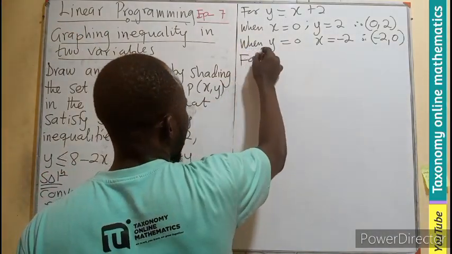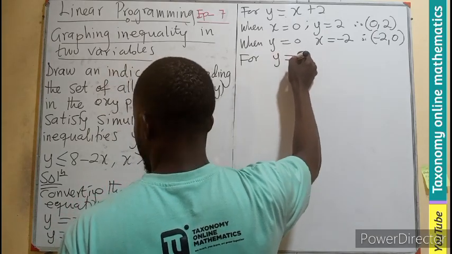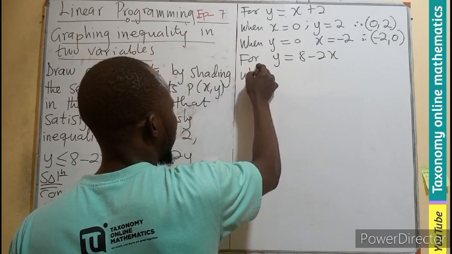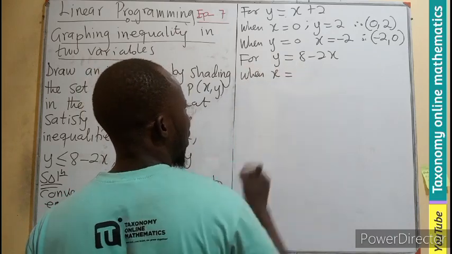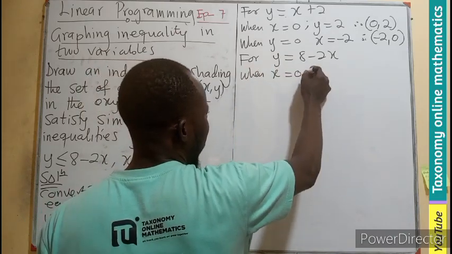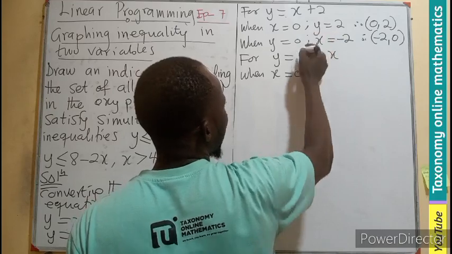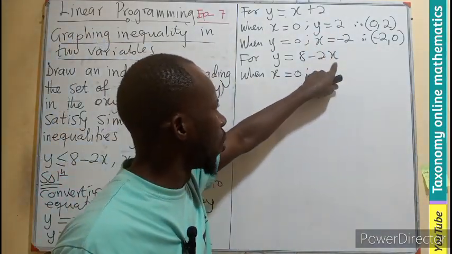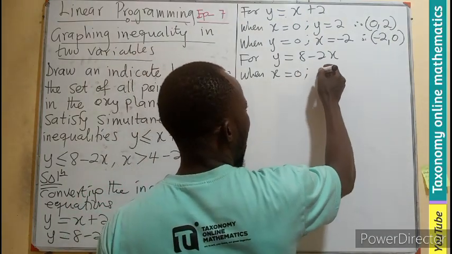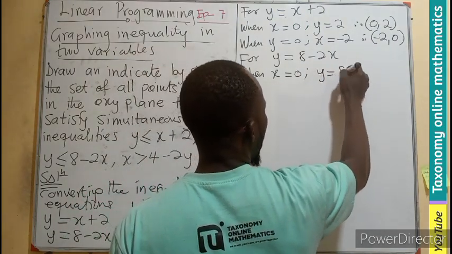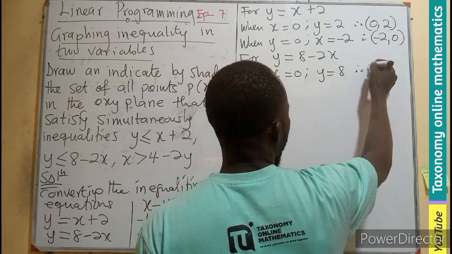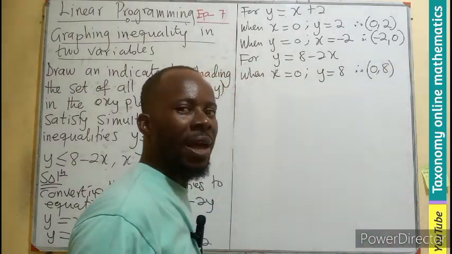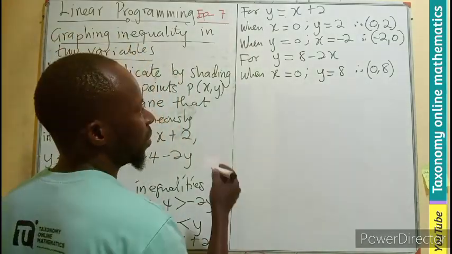For the second equation, y equals 8 minus 2x, let's find the intercept on the y-axis when x is 0. If you put 0 here, the whole of this becomes 0. So you have your y equal to 8, and the point becomes 0 on the x-axis, 8 on the y-axis.